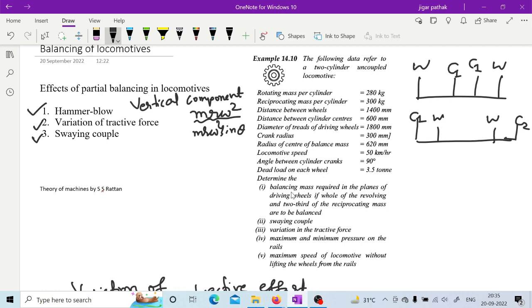Then what you have to determine is the balancing mass required in the plane of driving wheels if the whole of the revolving and 2/3 of the reciprocating mass are to be balanced. That you have recently done, right?